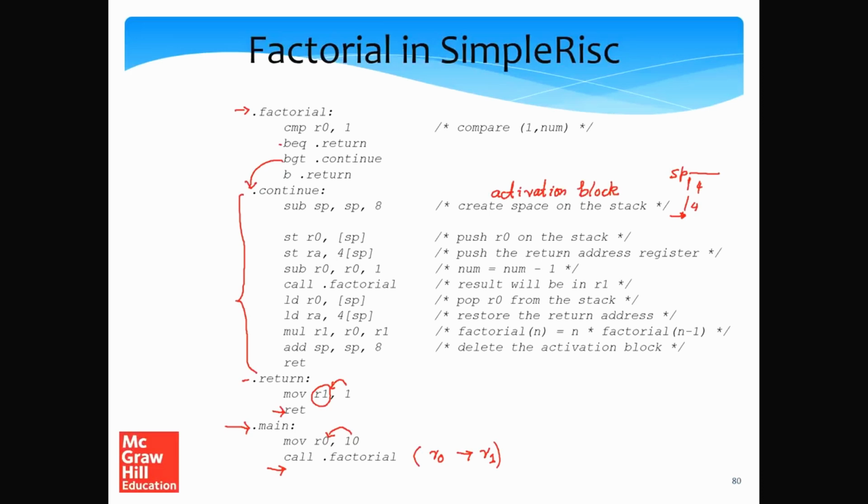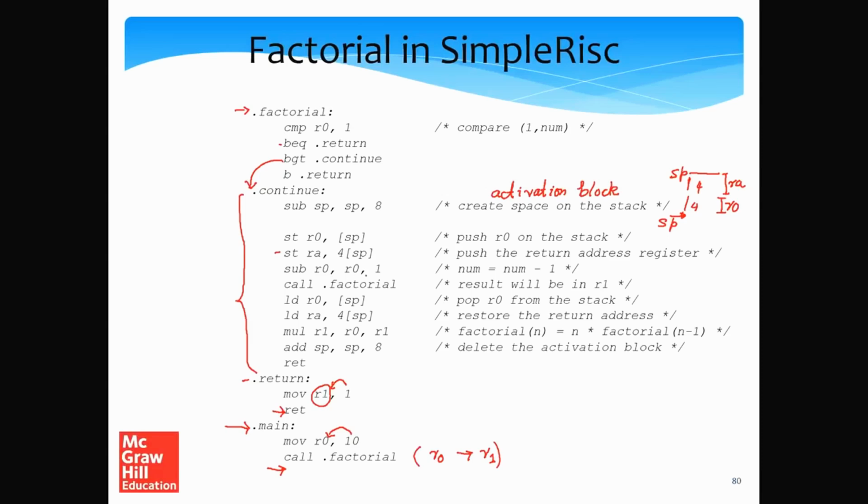So at the stack pointer, which is the new location of the stack pointer, in the top 4 bytes, this location, we save R0, which is the argument that came from the function that called this function. We save it over here. And at 4(sp), which is the next location, we save RA, the return address, because this also might get overwritten.